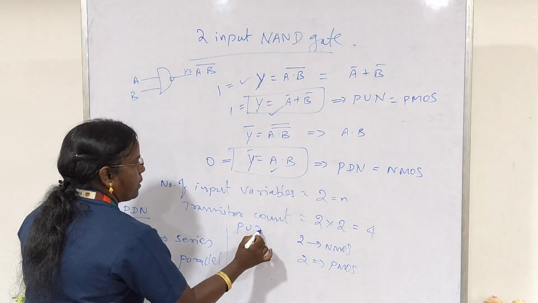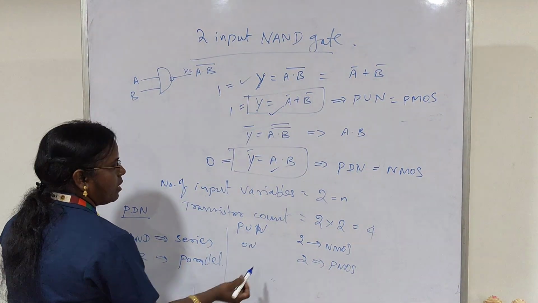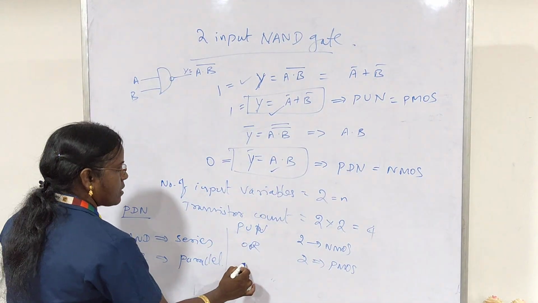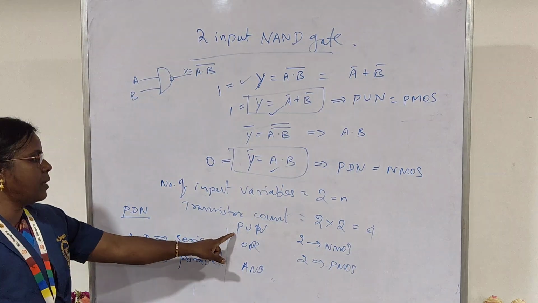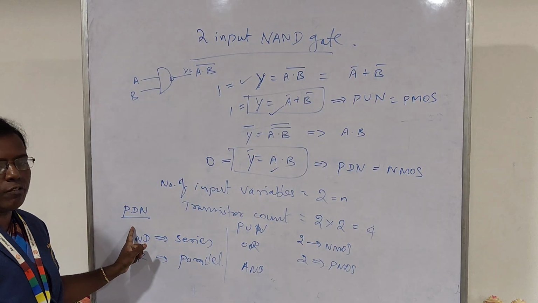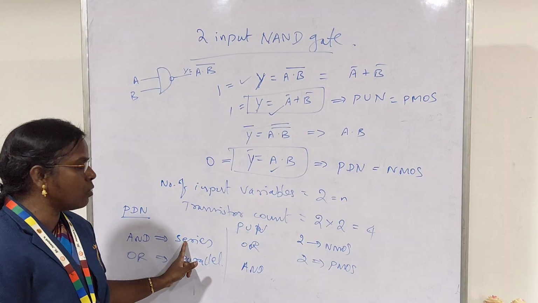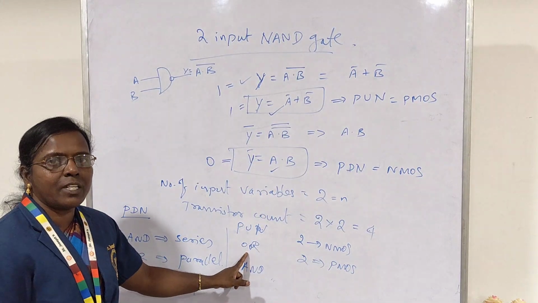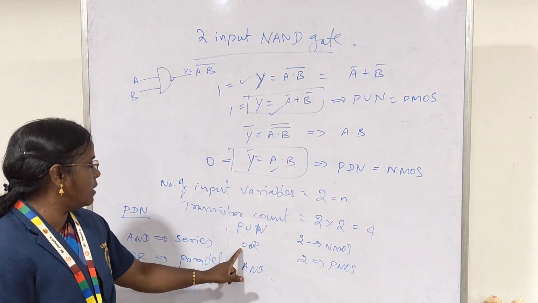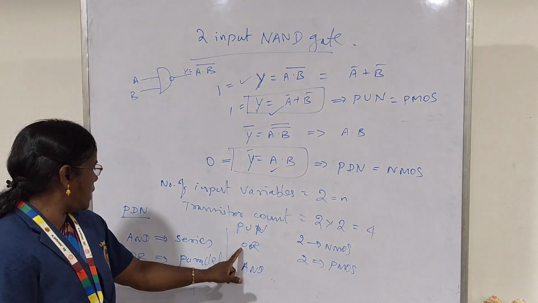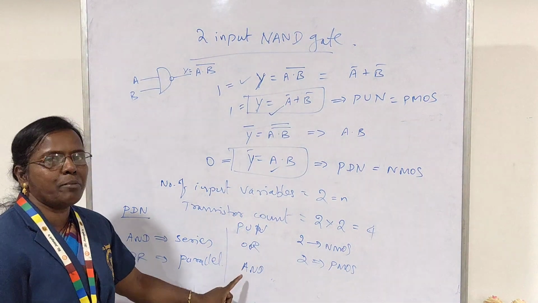The same way in the pull up network, if we connect 2 transistors in series, it will implement OR function. And 2 transistors connected in parallel will implement AND function. Okay, the pull up network is the conduction complement of the pull down network. So to implement AND function, 2 NMOS must be connected in series in pull down, and 2 PMOS must be connected in parallel in the pull-up.